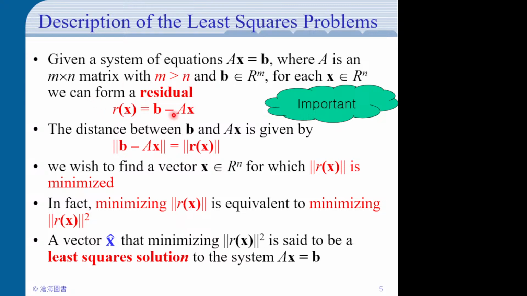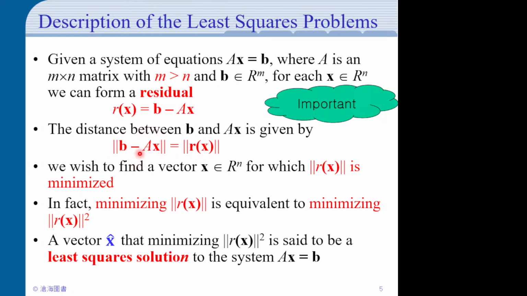Find x such that b minus Ax, which is r of x, defined as, so obviously it depends on x. So b and A are constants, given. So this is a function of x, r of x, and this is a vector in R^m. We want to minimize, well, it's a vector, so we actually want to minimize the norm of this vector.